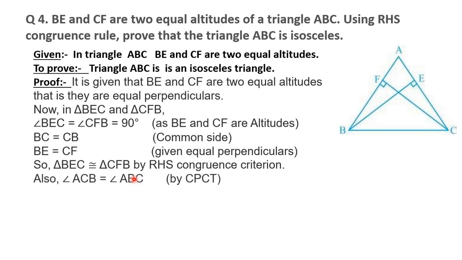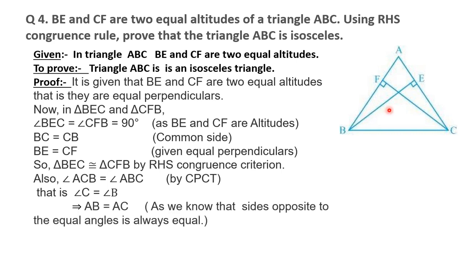And we know that if the triangles are congruent, then corresponding parts of congruent triangles are equal. That is, angle ACB is equal to angle ABC by CPCT. So that means angle C is equal to angle B, and the sides opposite to these two angles B and C. So the side opposite to angle C is AB in the triangle ABC, and the side opposite to angle B is the side AC of the triangle ABC.